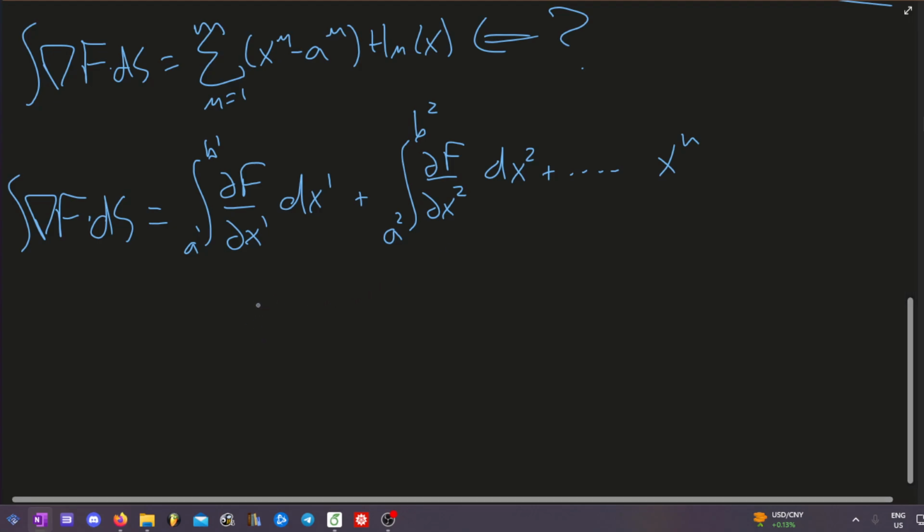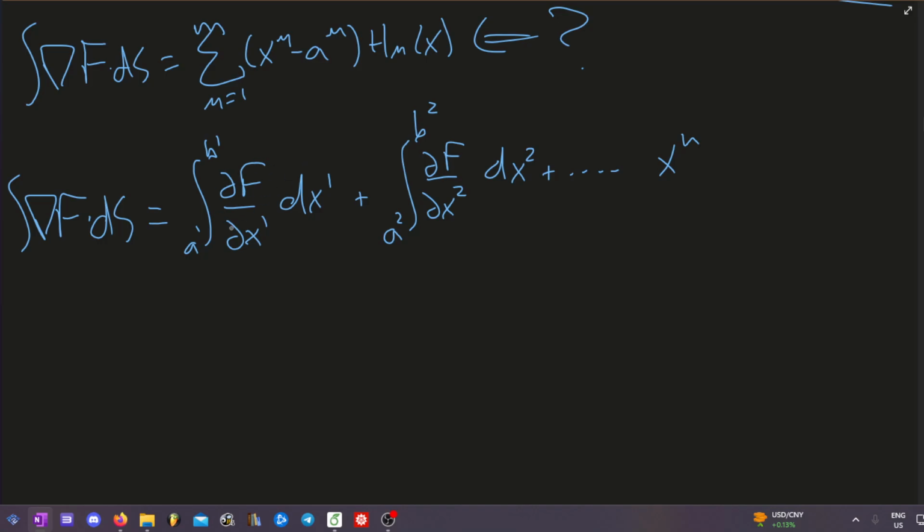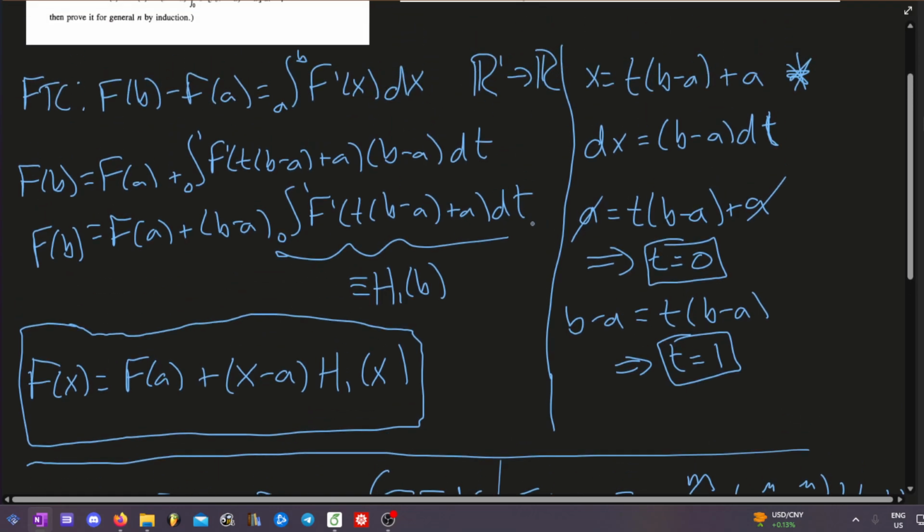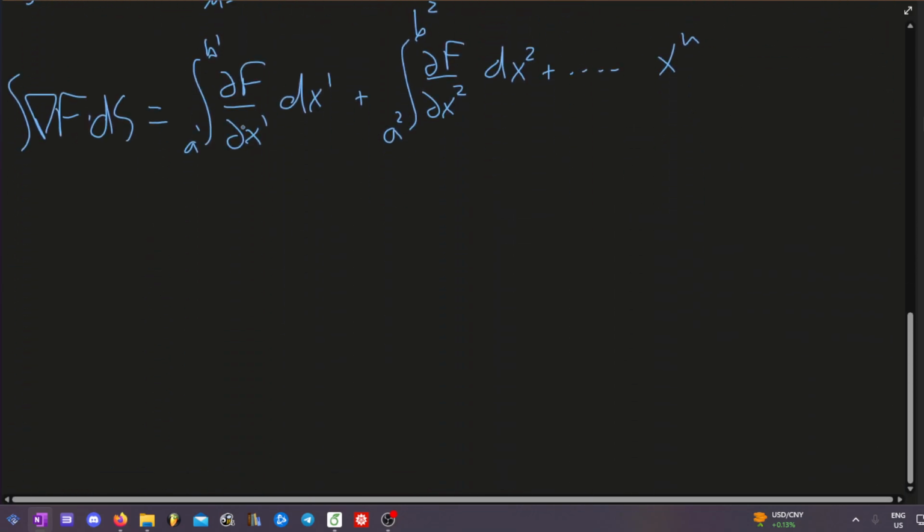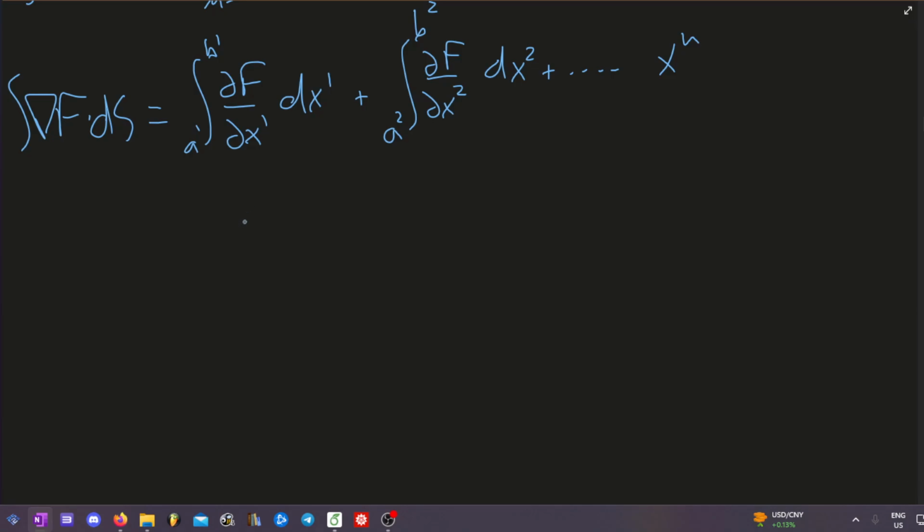Now each of these integrals is very similar to the integral we solved at the start of this problem, where we made this rescaling in terms of t. We're going to do the same thing here, but I'm not going to write it out explicitly. We're also not going to use the name t anymore; we're just going to prime the variables in each integral. So this is going to end up looking something like this.